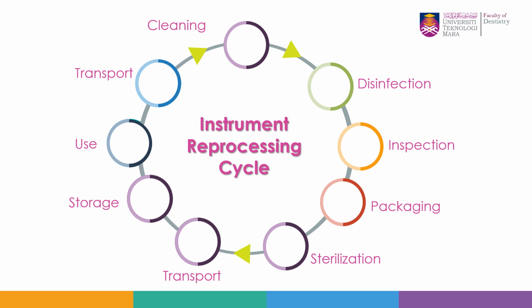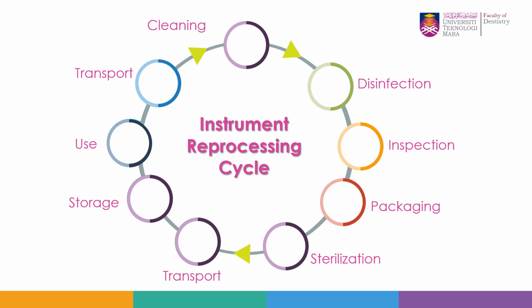After the cleaning, it goes for disinfection, then for inspection, which I will explain later. After inspection of any damaged items, only good items will pass through and be packaged. After packaging, they are sterilized, then transported to the storage room, the green zone or sterile room, and then used again in the clinics. That is the instrument reprocessing cycle.